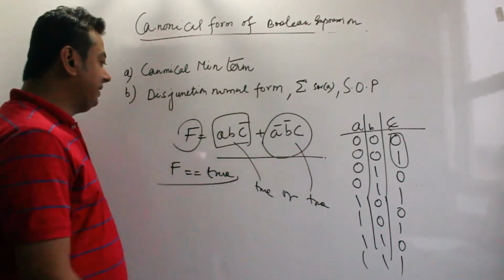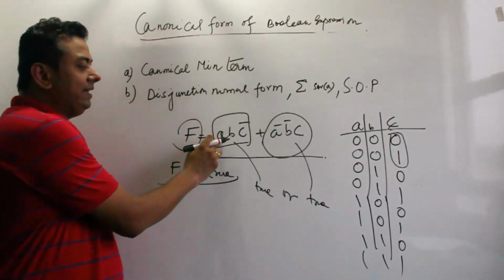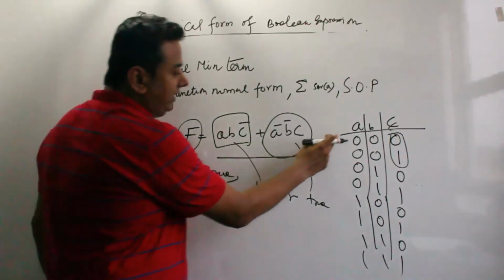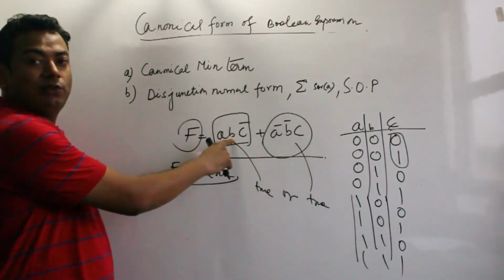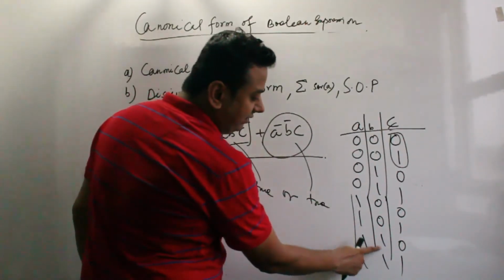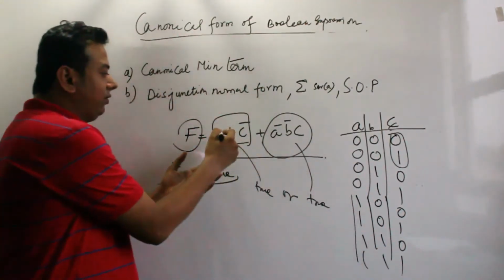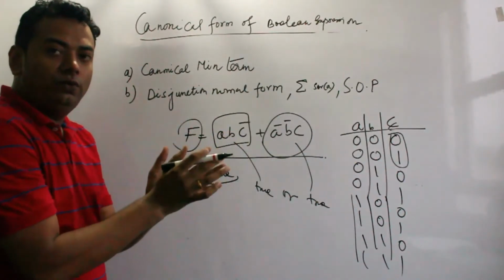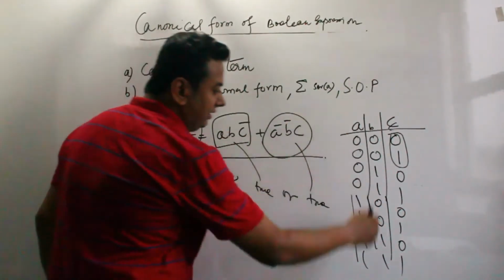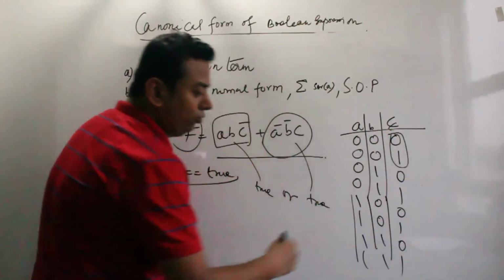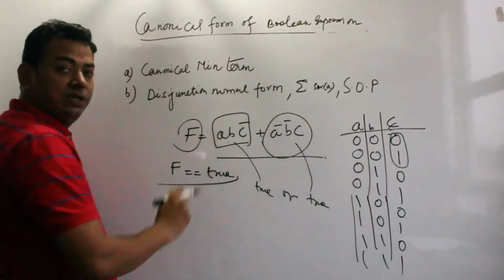So it is saying A is 1. A is 1 here. Now B is also 1. So B is 1 here in these two. So we are filtering out. We want to know which is this A, B and C bar. In this, out of 8 rows, which rows belong to this?